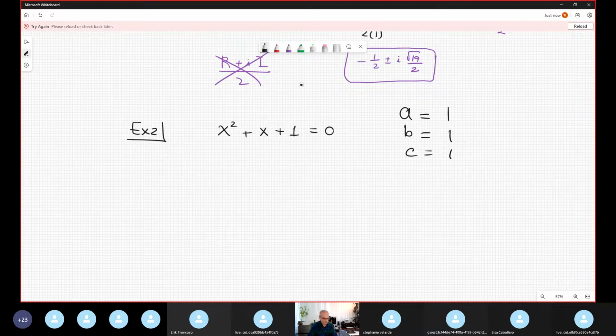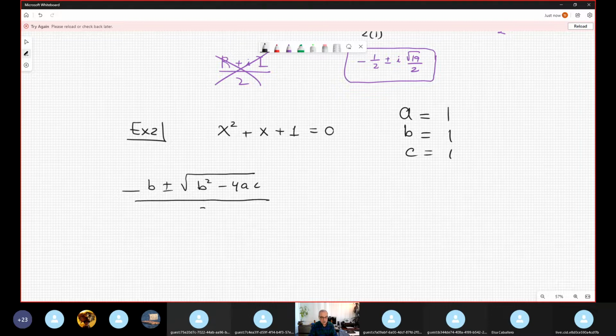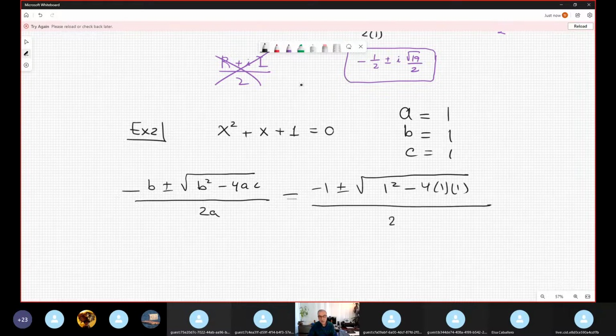Oh, everything is 1. Now I copy my formula. Substituting the corresponding values into the formula, everything is 1: negative 1 plus or minus the square root of 1 squared minus 4 multiplied by 1 multiplied by 1, divided by 2 times 1. Wow, everything is 1.